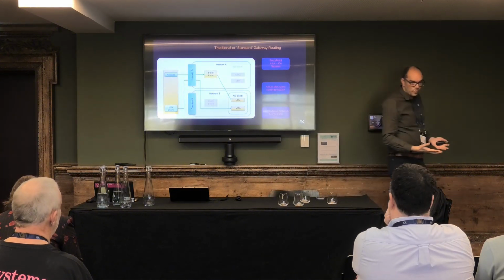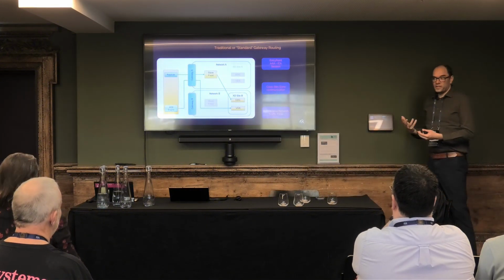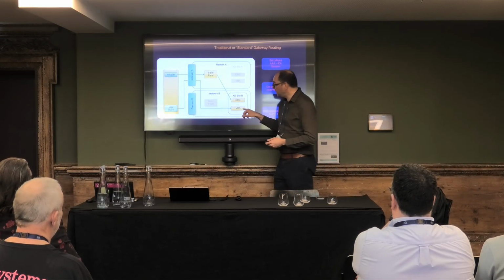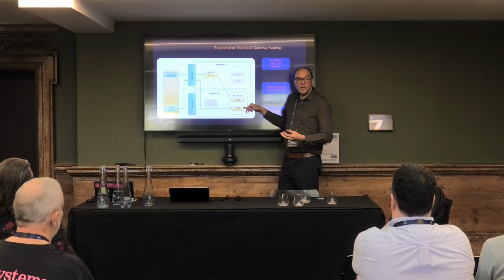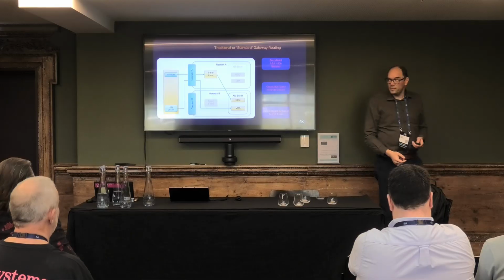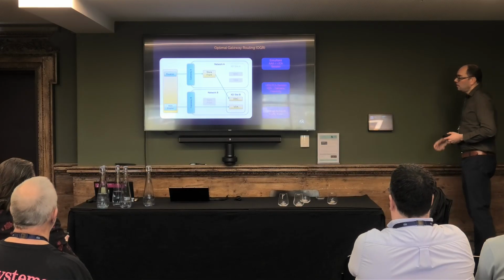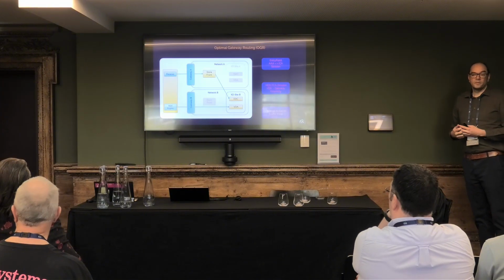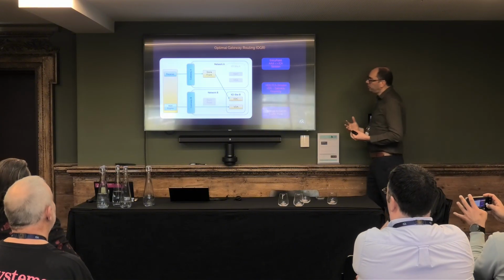That's the traditional flow. What does optimal gateway routing provide? A way to see, hey, the VDA is in site B, maybe it's more interesting to use gateway B. That's actually, in a nutshell, optimal gateway routing. How do you configure it?